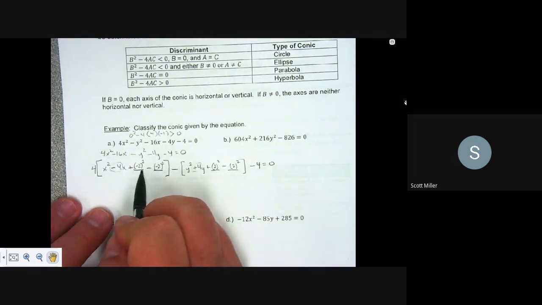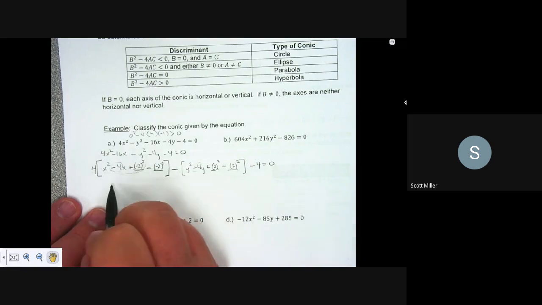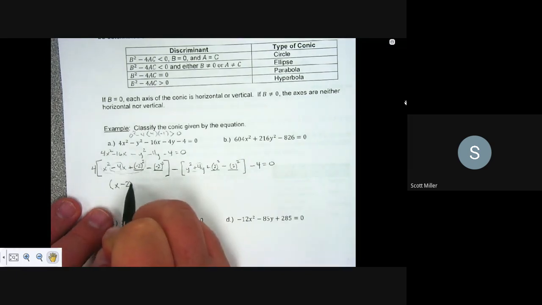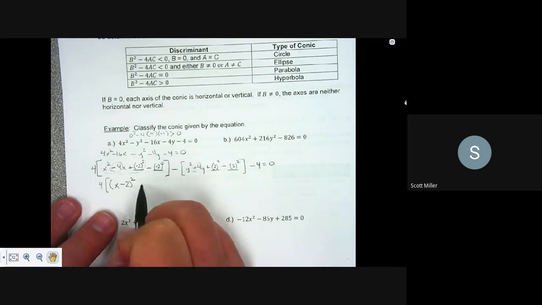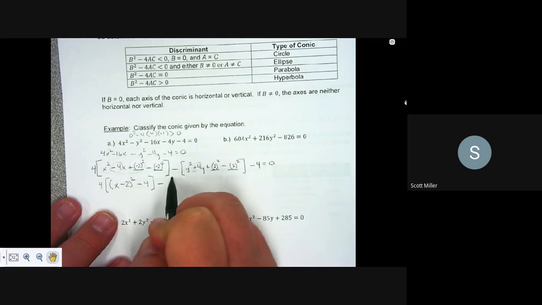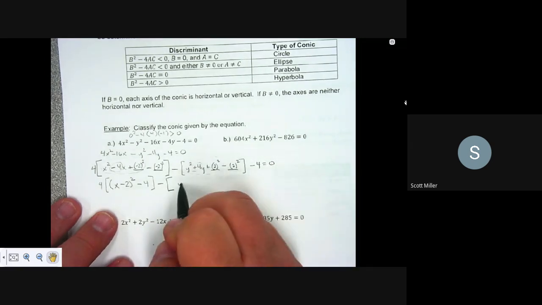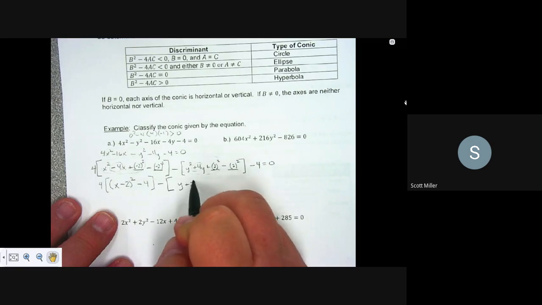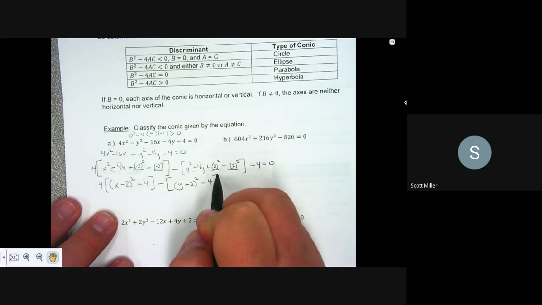The stuff in here, these 3 terms right here, become x minus 2 squared. Still a 4 out here. This becomes minus 4. You got to be very careful when you do this. These 3 terms right here become y plus 2 squared, and then this becomes minus 4.